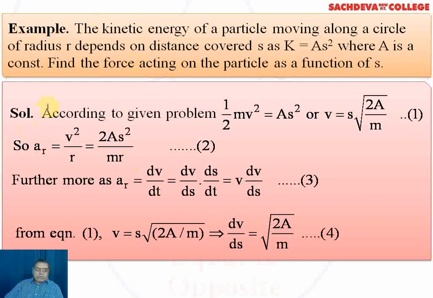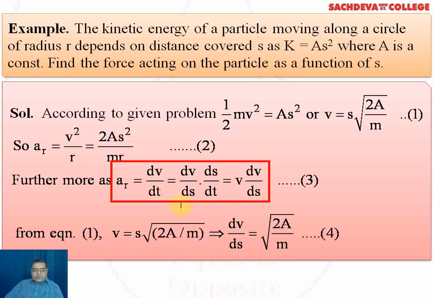Furthermore, AR is the centripetal or radial acceleration. Radial means directed towards the center. The derivative of velocity with respect to time is called acceleration. Now dv over dt is written using an implicit function: dv over ds multiplied by ds over dt.